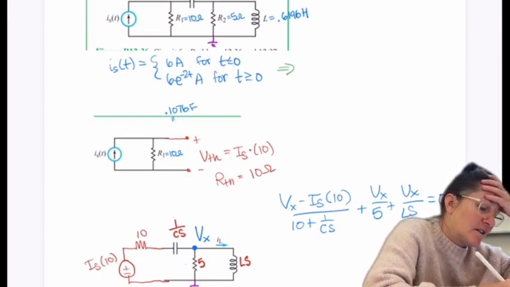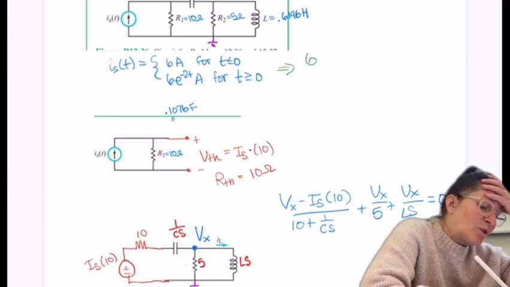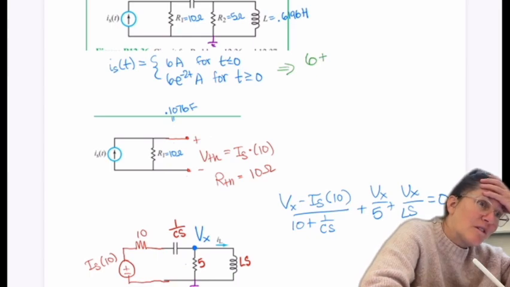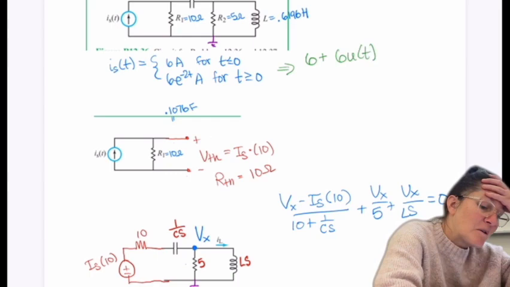The original equation is gonna be 6 plus 6e to the negative 2t u of t minus 6 u of t.